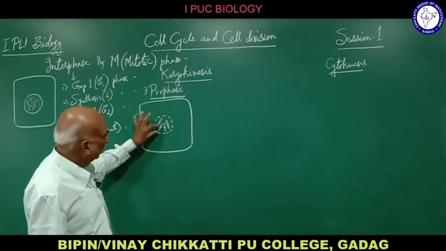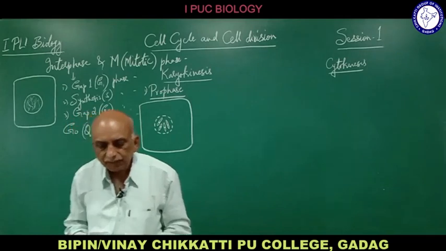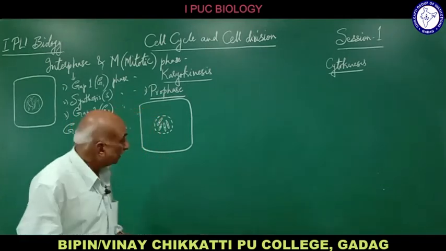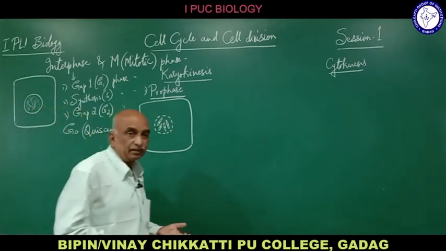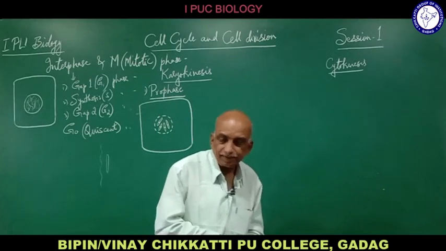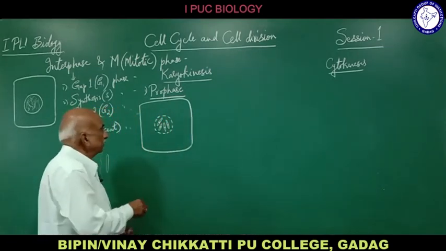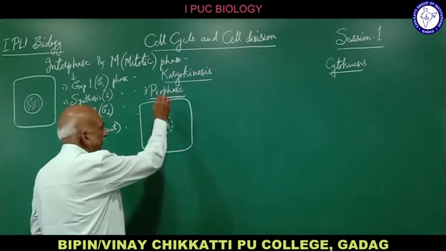The chromatin becomes chromosomes, and the centriole, which had duplicated in the S phase, gets arranged at the polar end of the cell.